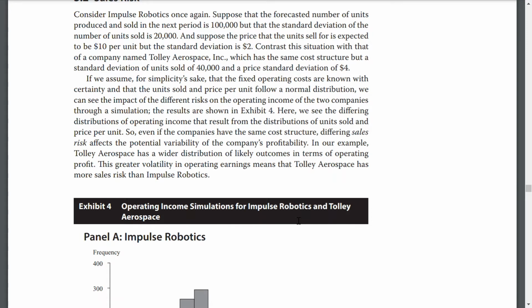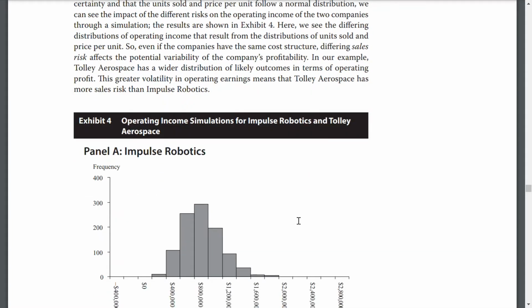Here we see the different distributions of operating income that result from the distributions of units sold and price per unit. So even if the companies have the same cost structure, different sales risks affect the potential variability of the company's profitability. In our example, Tolly Aerospace has a wider distribution of likely outcomes in terms of operating profit. This greater volatility in operating earnings means that Tolly Aerospace has more sales risk than Impulse Robotics.